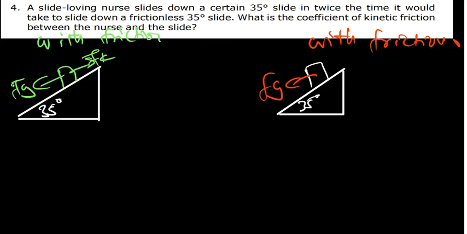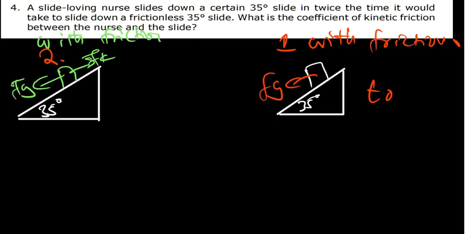Now, the question here is saying a slide-loving Nessie slides down a certain 35-degree slide in twice the time it would take to slide down frictionless. The one without friction, meaning that let's say this is 1 and this is 2.